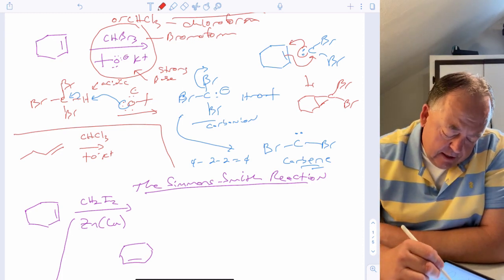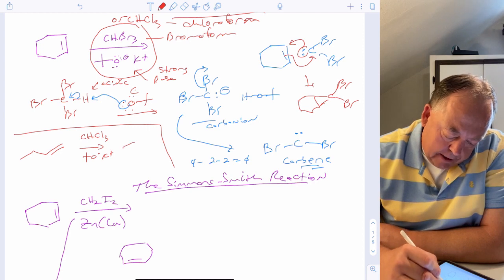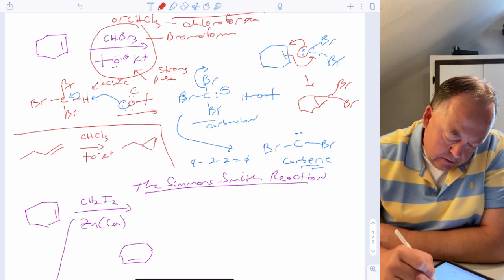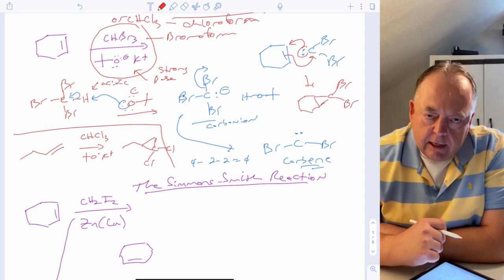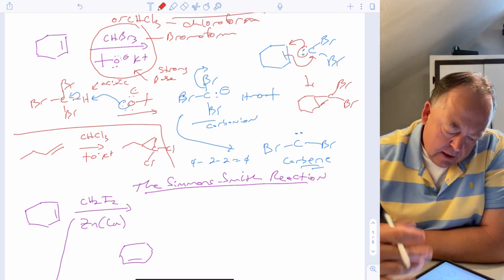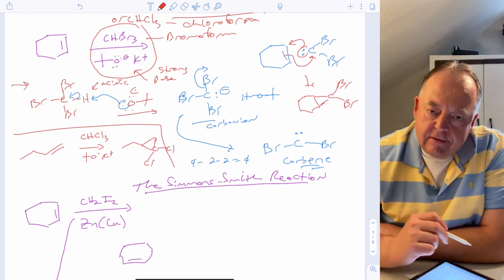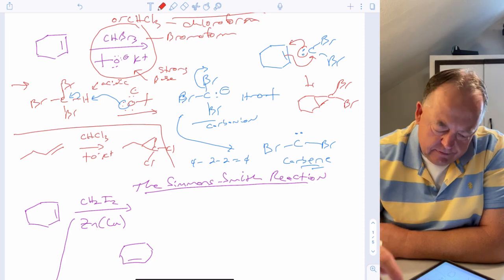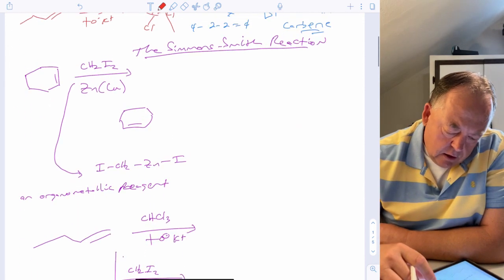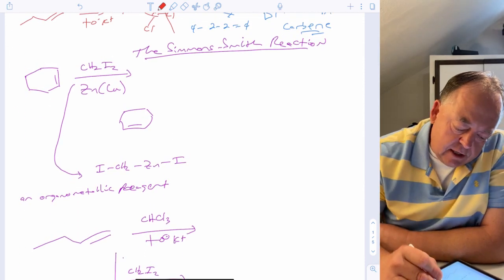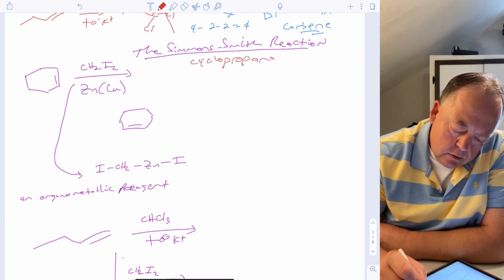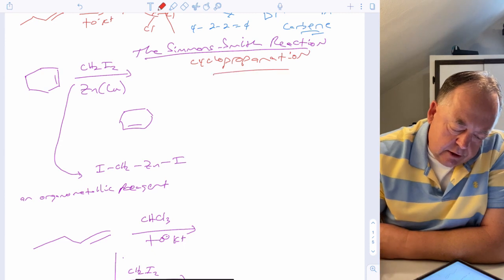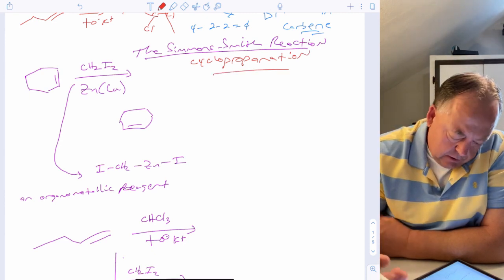So if you see that, you know you're going to make a cyclopropane out of the alkene, and the carbon's going to be left with 2 of the halogens. So that would be the cyclopropane that you make. But of course, you do want to know the mechanism of how that reaction happens. Okay, so this is another way to make a cyclopropane. So it's another cyclopropanation reaction.